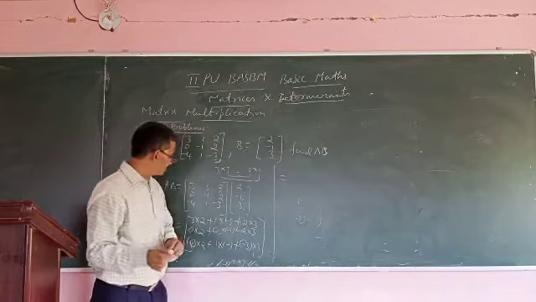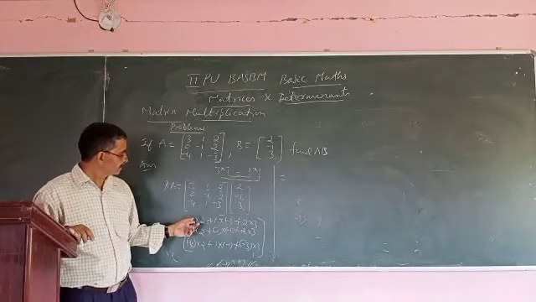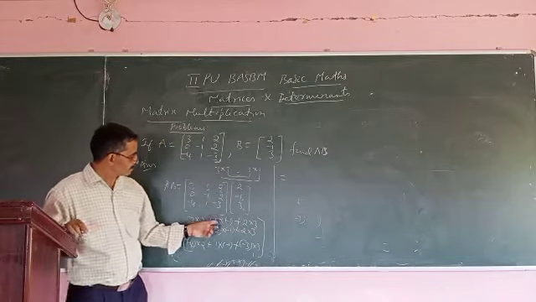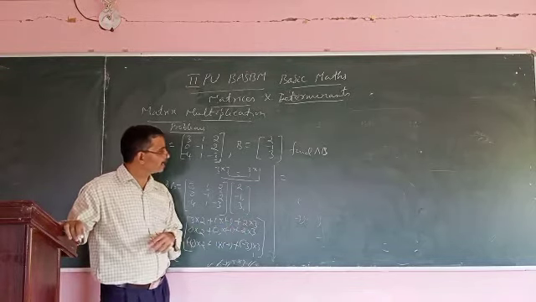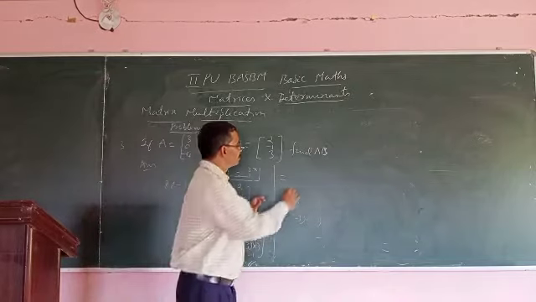Right here, so it is just multiplication. 3 into 2 is 6, plus minus 1, plus 6. 12 minus 1 is 11.